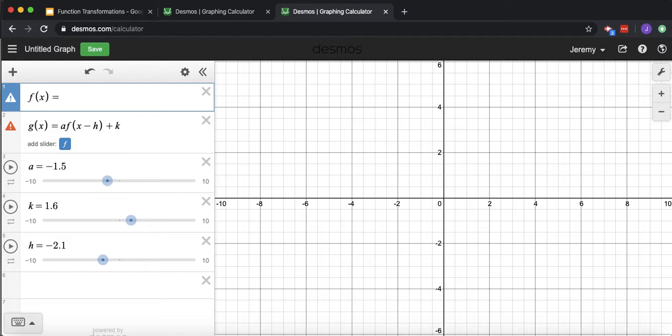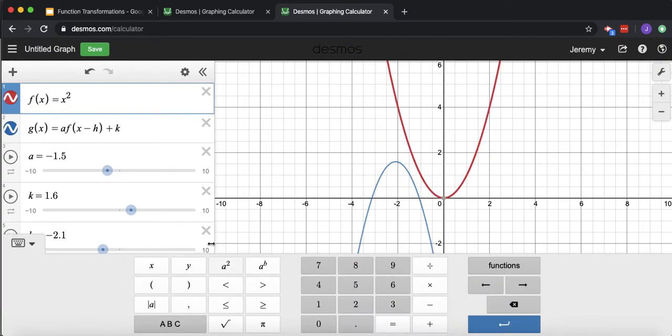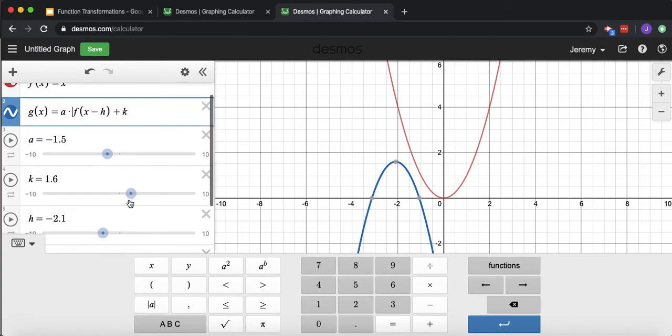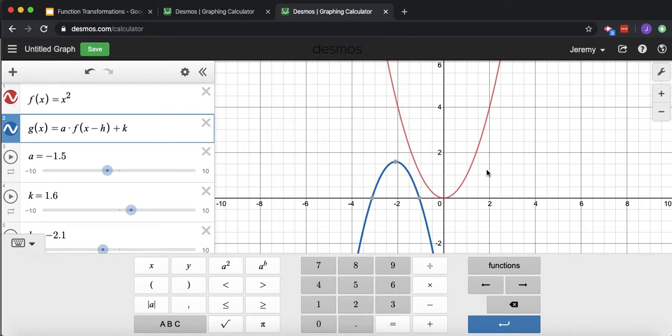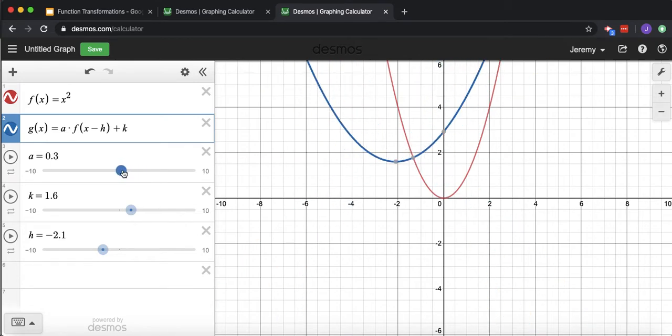For example, instead of absolute value, if I said f of x equals x squared, well now a times f of x minus h plus k is taking the original parent function of the quadratic function family and scaling it in the vertical direction, either stretching or compressing.